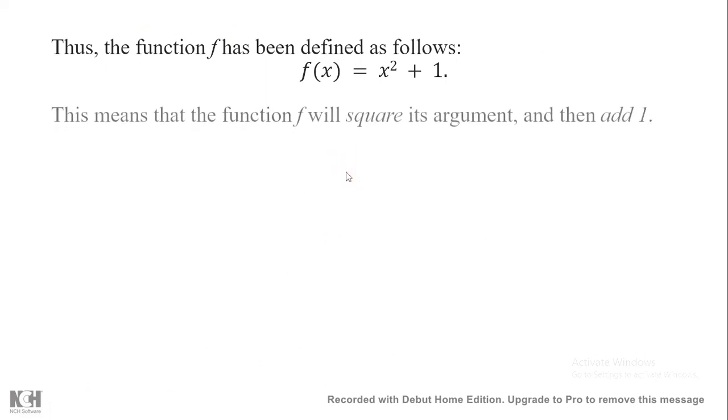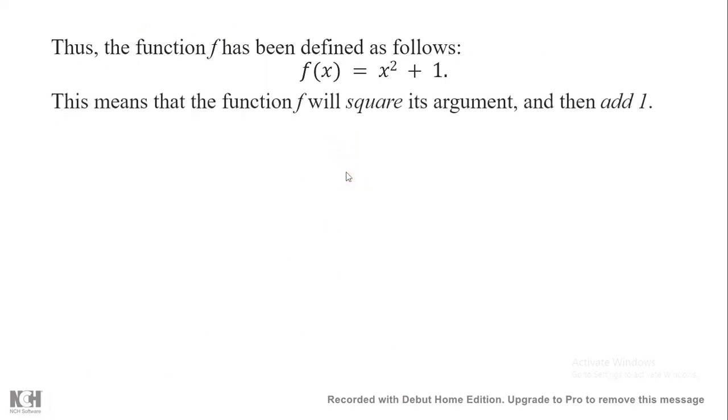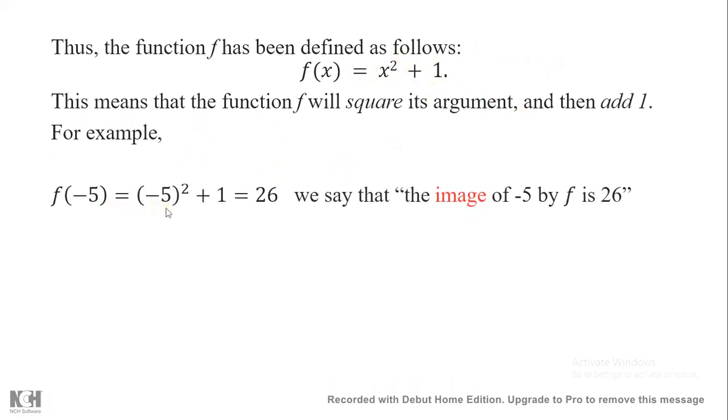Thus, the function f has been defined as follows: f of x equal x squared plus 1. This means that the function f will square its argument or input and then add 1 to it. For example, f of minus 5 is minus 5 squared plus 1, which is 26. We say that the image of minus 5 by f is 26. 26 is the image or the output.